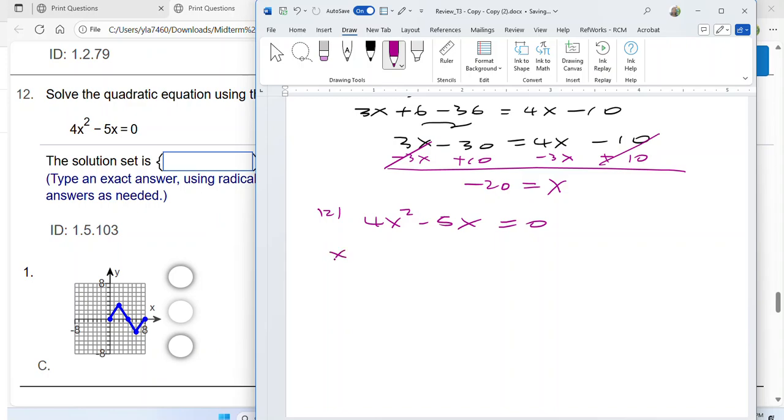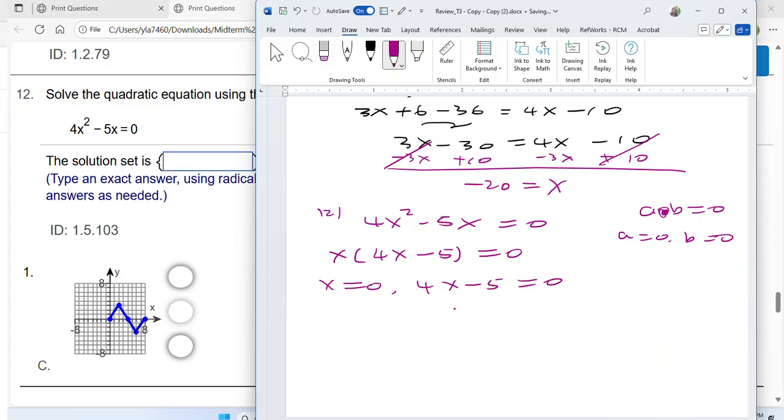If you have a times b equal to 0, then either a equals 0 or b equals 0. One of them has to be 0. So with these two factors, you can have x equal to 0 or 4x minus 5 equal to 0. Solve this equation, divide by 4, so x will be equal to 5 over 4.